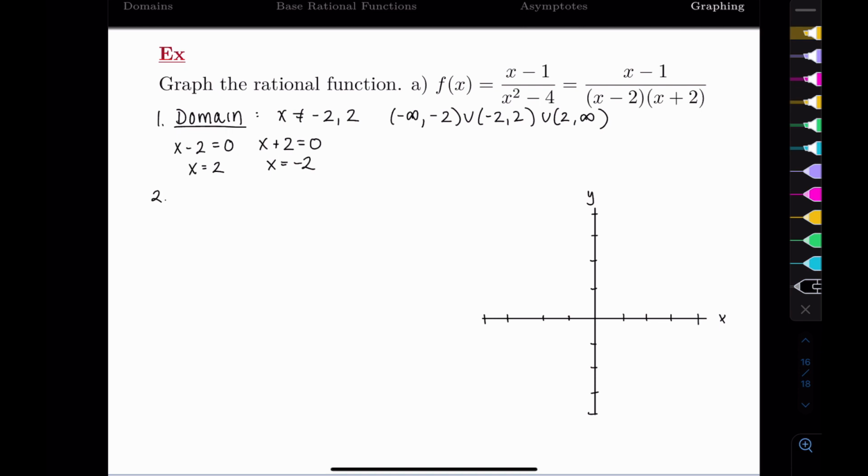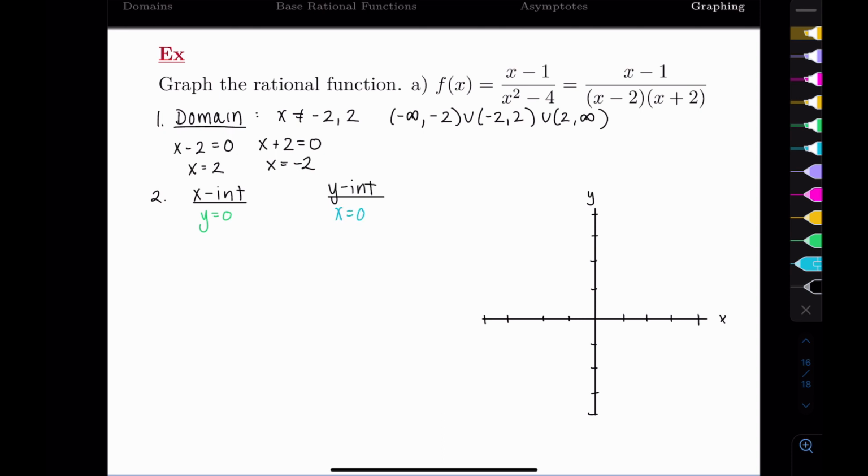Second thing we should do is find our intercepts. So let's find the x-intercept and the y-intercept. Think about what it means to be an x-intercept. It's where we're hitting the x-axis. So if we're on the x-axis, this means your y value is equal to 0. And if we're dealing with the y-intercept, if we're hitting the y-axis, then x is equal to 0.